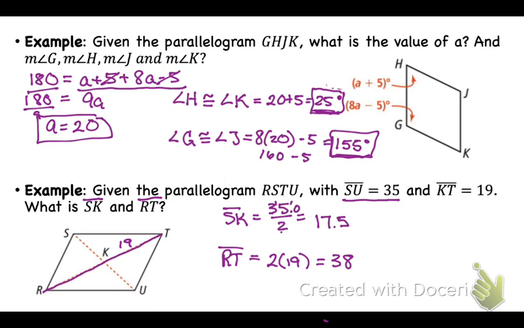Do you understand that SK is half of SU? And do you understand that RT is twice the length of 19? Because the next one's going to get a little bit, not much, more involved.